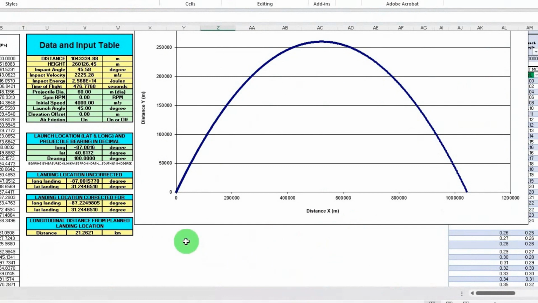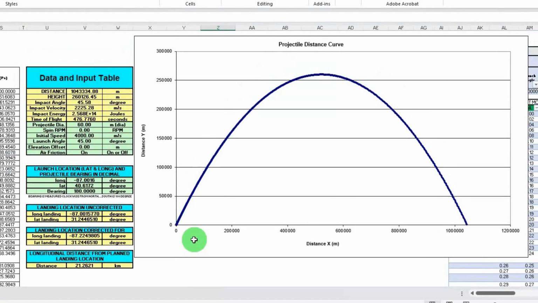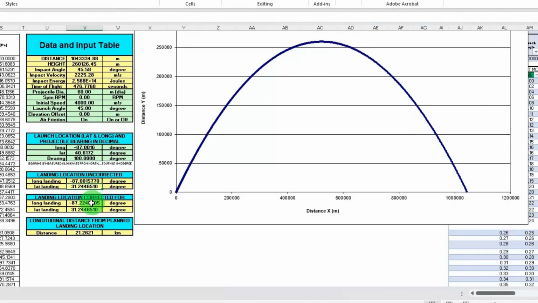So as I said, the spreadsheet now can be a lot more powerful and could estimate not only what the flight path would look like for some hypothetical boulder that we plug in the data on. You can also give it a starting point and bearing. Then you can essentially end up with what you think might be the final bearing and offset distance based on the latitude, longitude and bearing that it was launched on.